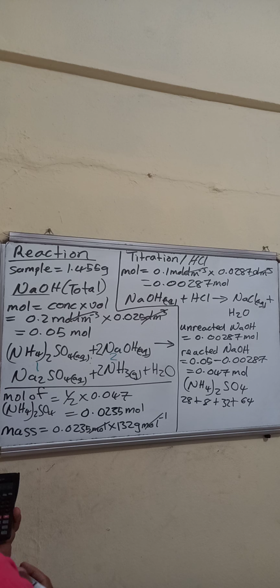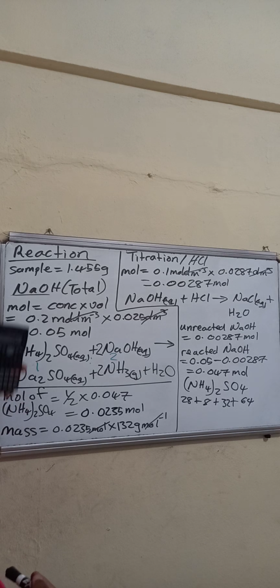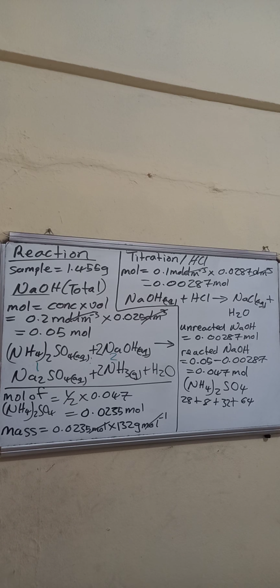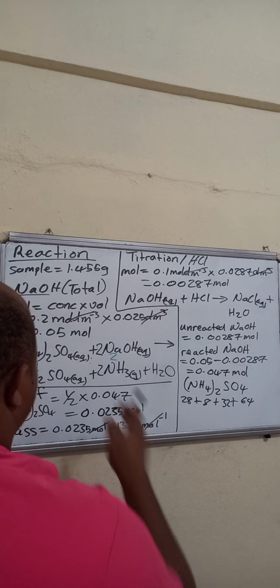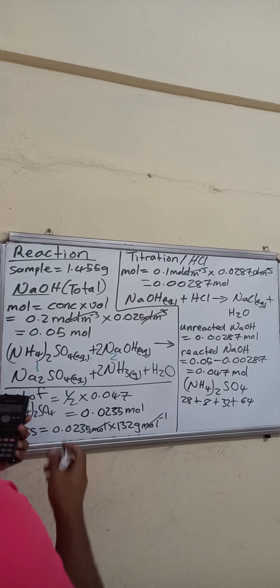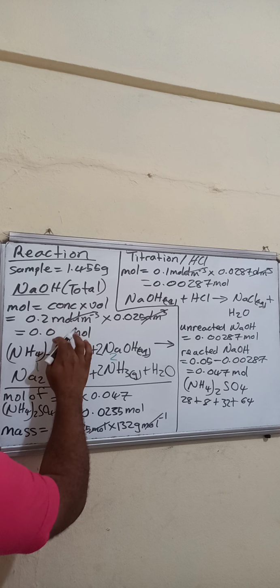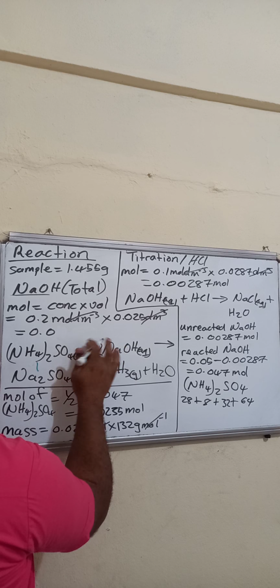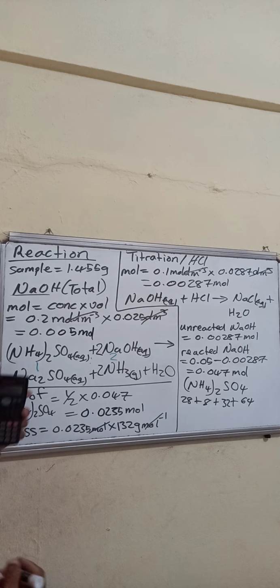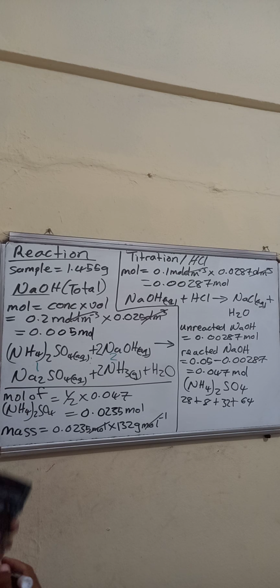Now let's check back something, don't match up. The mass I get cannot be more than the sample. Let me check back. Okay, so the error was from here. So you're supposed to get 0.005. So it's 0.005 mole and not 0.05.